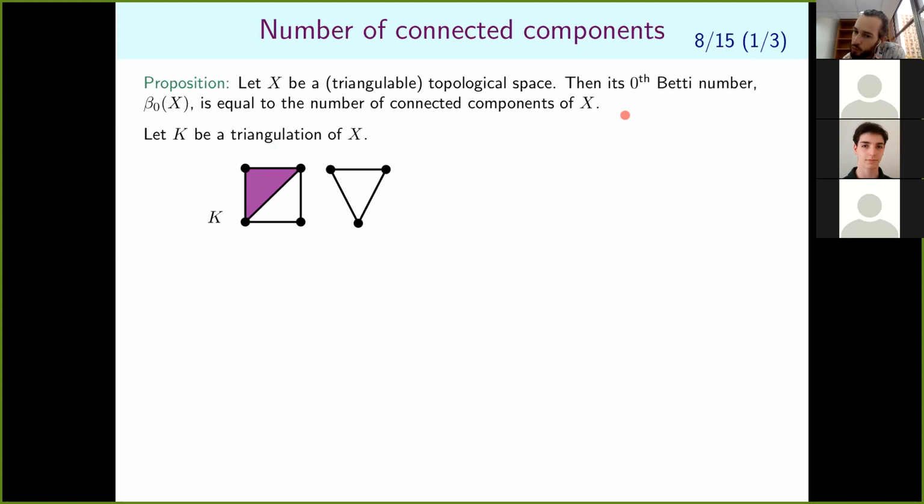First, Lucas asks: is the output just the Betti number, or can you deduce more information about the homology groups? I would like to say that there is no more information from homology groups than their dimension. A homology group is a vector space over Z over 2Z, and the only thing that describes a vector space is its dimension. So if you know the Betti numbers, you will know everything about homology.